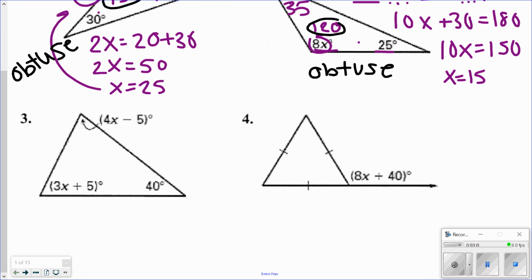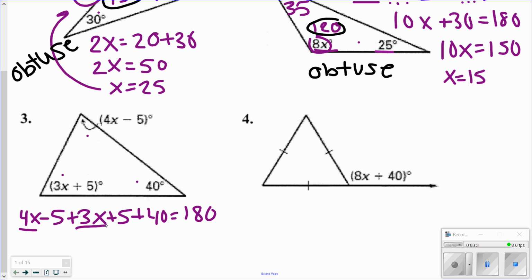Question number 3 is very similar to number 2. So I have interior angles. I'm just going to add them up, set them equal to 180. So 4x minus 5 plus 3x plus 5 plus 40 is equal to 180. Combine my like terms, so 4x plus 3x is 7x.